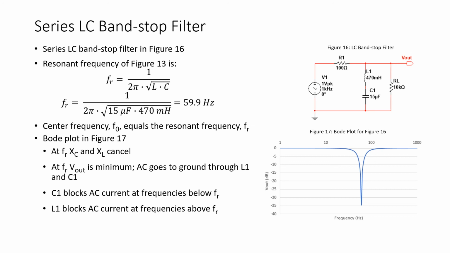We described and discussed the operation of LC combinations, and we defined the term resonance, or the resonant frequency, and that is the point where inductive reactance and capacitive reactance are equal. And then we looked at using series LC combinations to implement band pass and band stop filters.